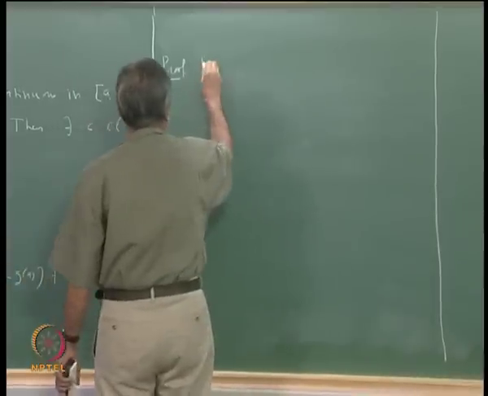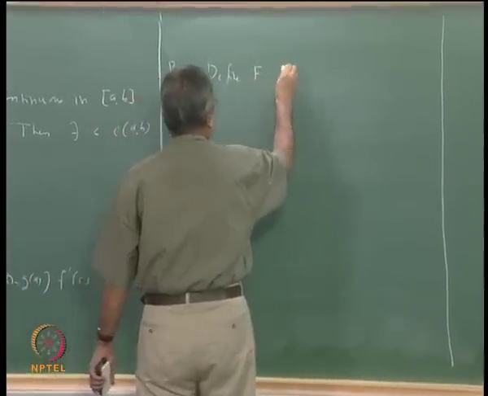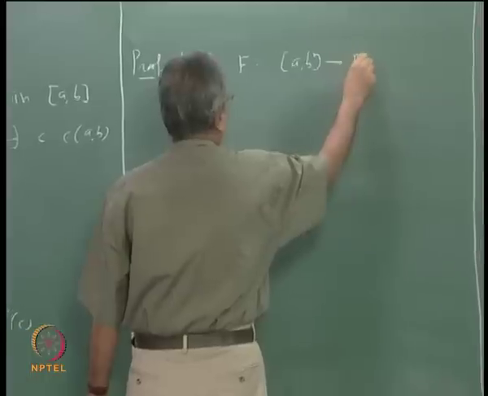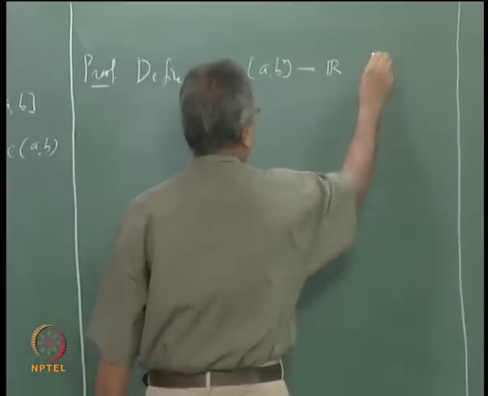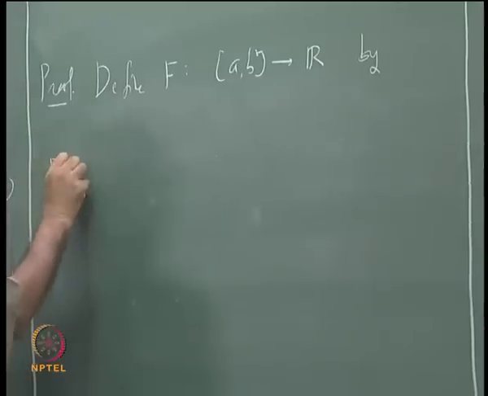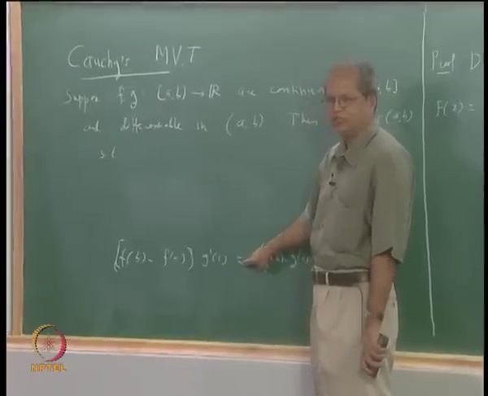So define an auxiliary function F from [a, b] to R by F(x) is equal to, in fact this expression gives us an idea of what that function big F should be.